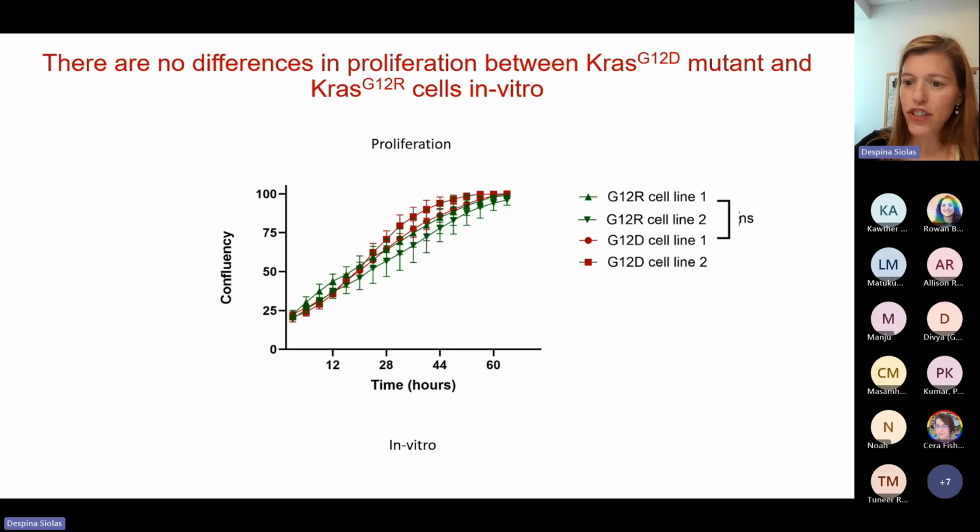And they don't, actually. This was also published in that Cancer Cell paper that came out a month and a half ago, where we looked in vitro at what's going on between the G12D and G12R cell lines, and there aren't differences in proliferation. So it's not simply a matter of one cell line being slower growing than another.